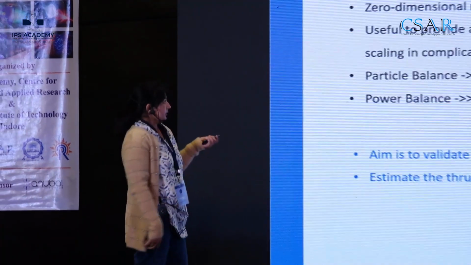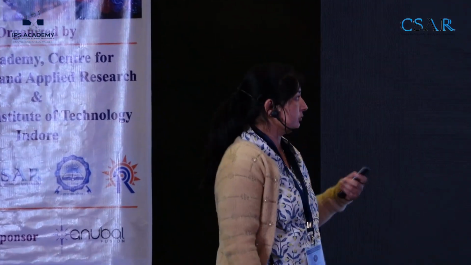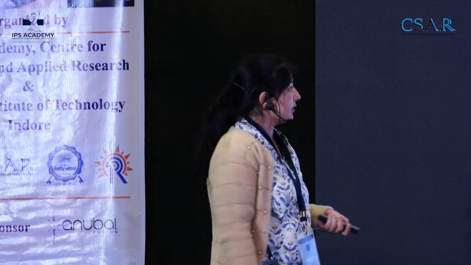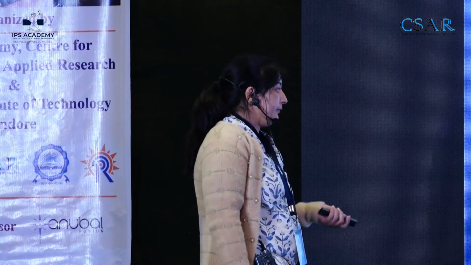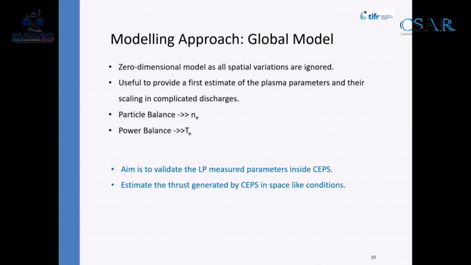So next was the modeling approach to predict the thruster numbers, and on the side to validate the Langmuir probe and ion energy measurements. The global model is very simple, as it ignores any spatial variations.